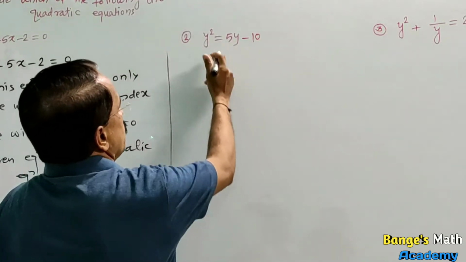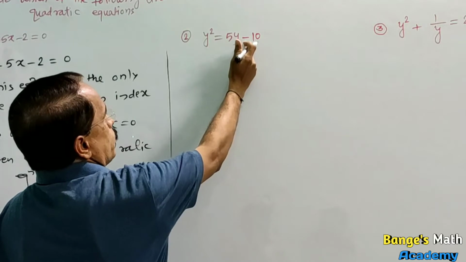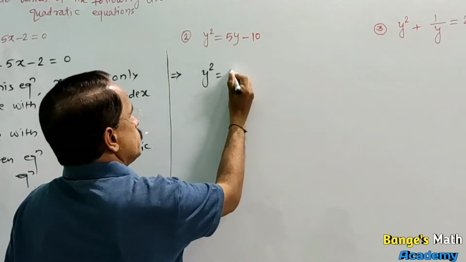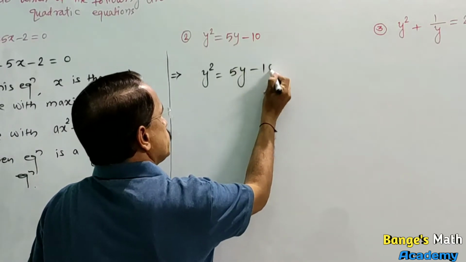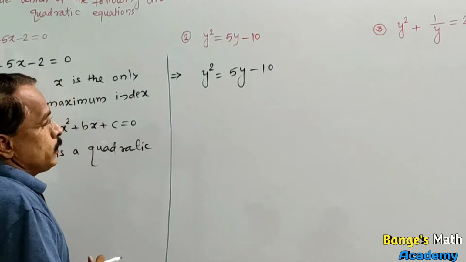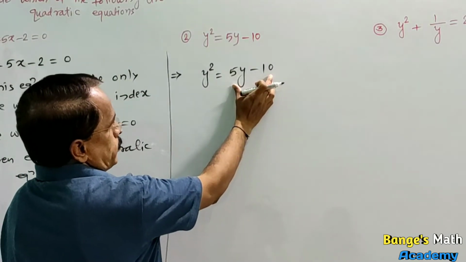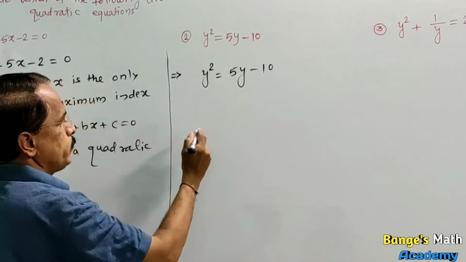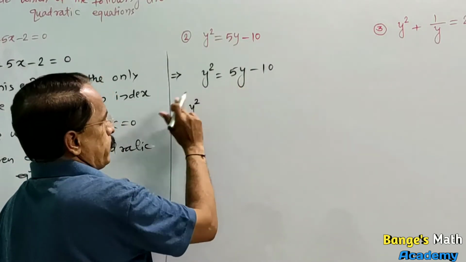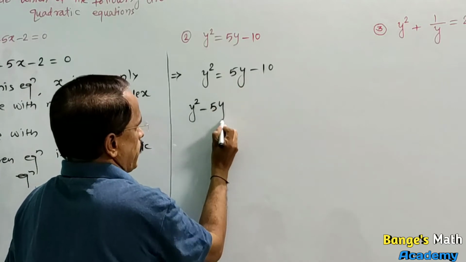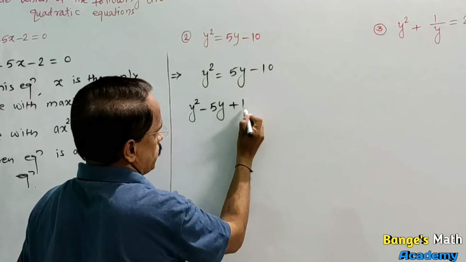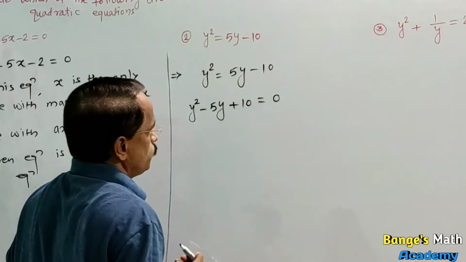Then see the second example, y square is equal to 5y minus 10. First of all, transfer 5y minus 10 to the LHS. We transfer 5y to the LHS, it becomes minus 5y. Then we transfer minus 10 to the LHS, it becomes plus 10, is equal to 0.